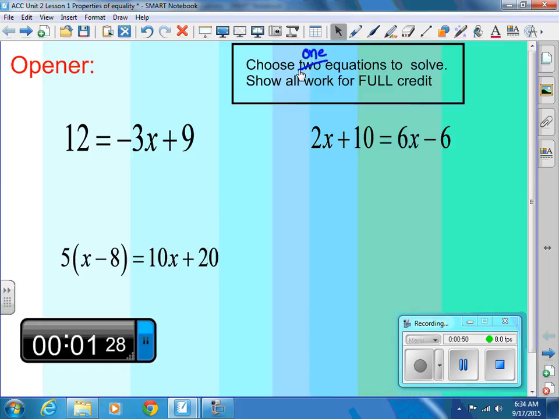So right now you should have a sheet of notebook paper out, your name and opener should be at the top, and you should be solving one of these three equations. Make sure you show all your work for full credit.